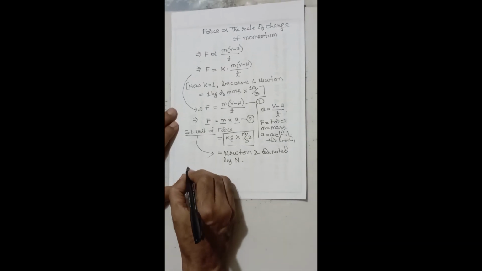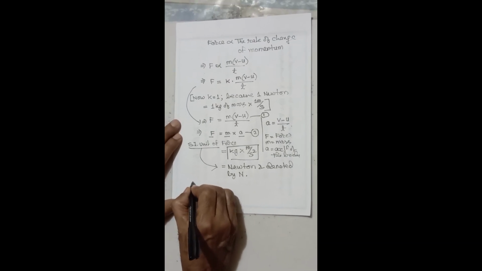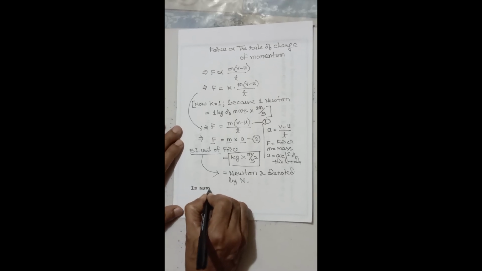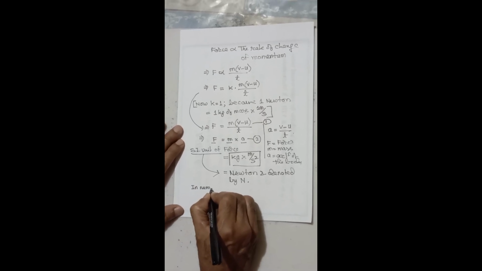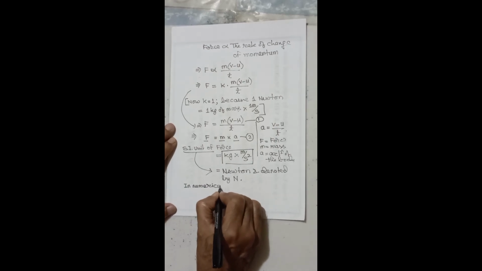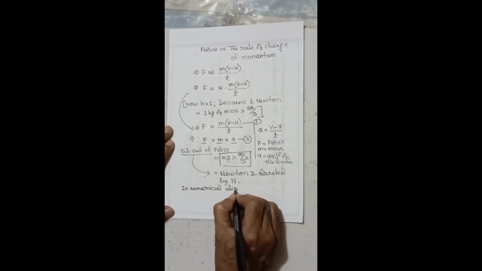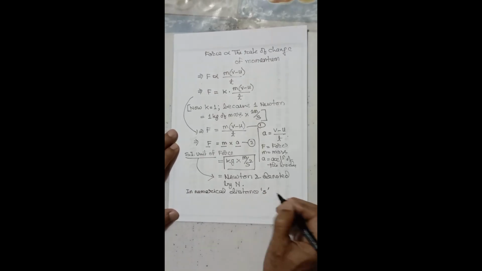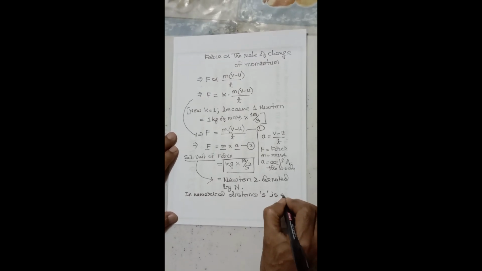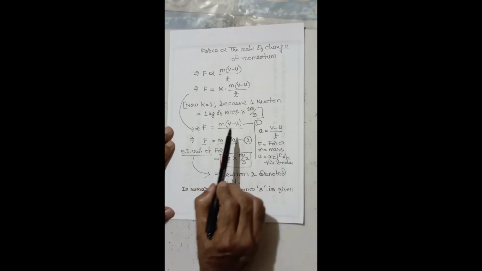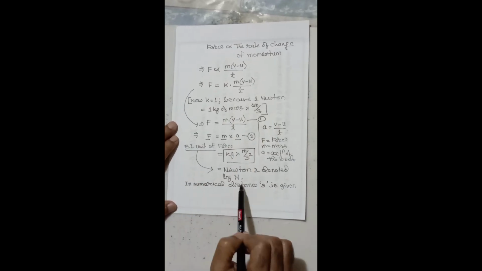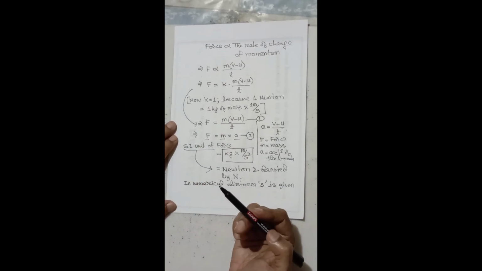Sometimes in numericals, distance s is given. You know the distance is denoted by s. In such questions, students get confused: we had formula 1 and formula 2, now s is given, so how can we solve it?